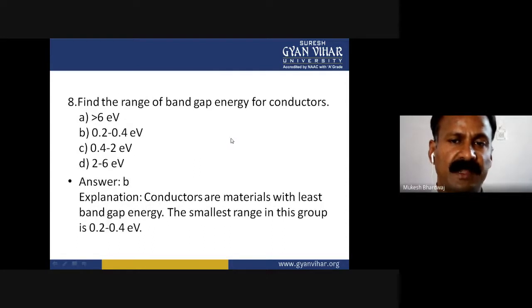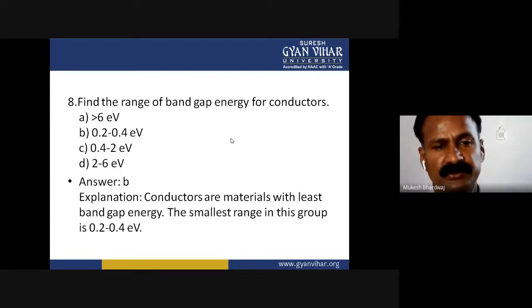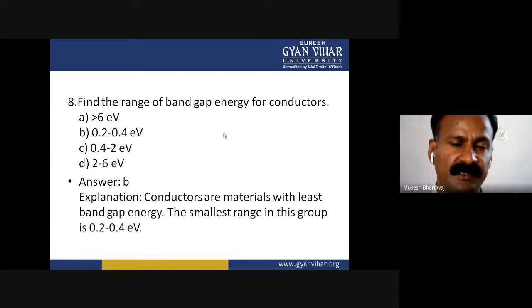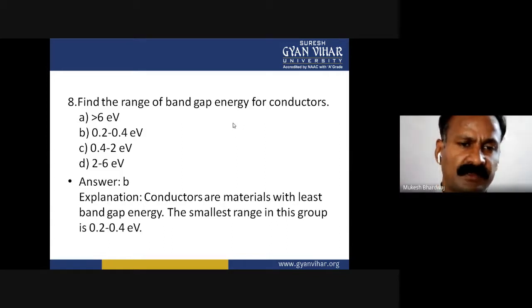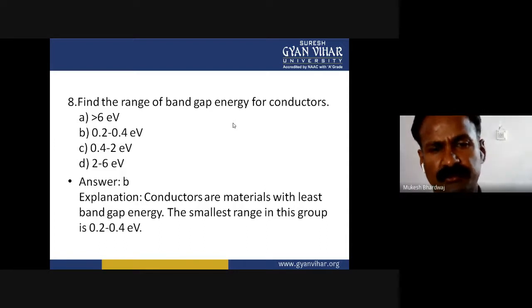Find the range of band gap energy for conductors. Answer B is the right answer: 0.2 to 0.4 electron volt is the energy band gap for conductors. Or almost we can say it's very less, near about zero also.